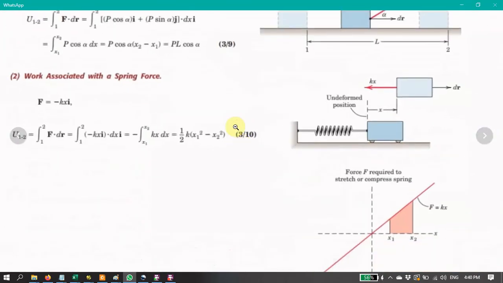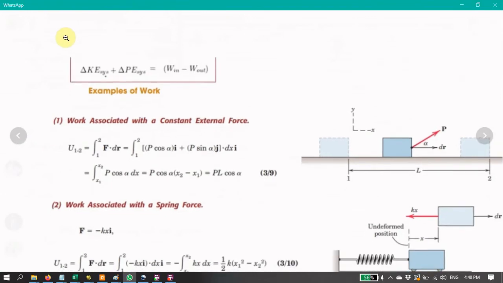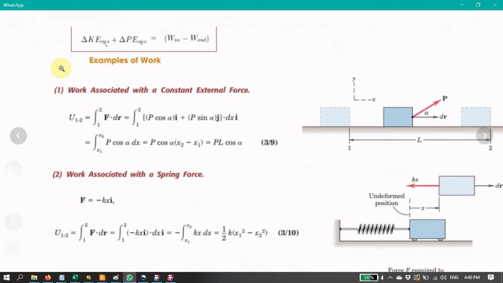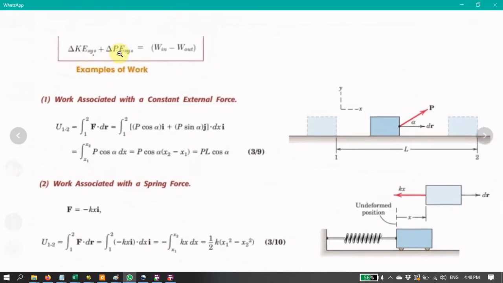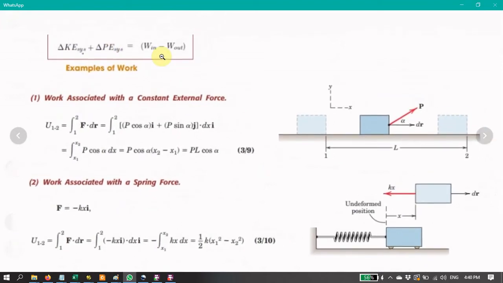Previously, I showed you the energy balance, right? We have changes of kinetic energy and changes of potential energy. This will be equal to work added or work rejected from the body, right?